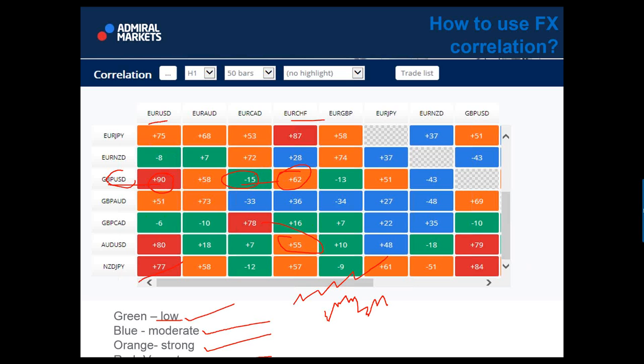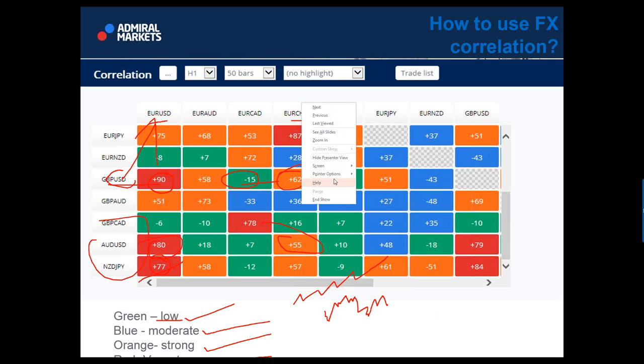GBP dollar plus 90 with Euro dollar. Now, Euro dollar has plus 80 to Australian dollar, and Euro dollar has plus 70 to New Zealand yen. How strange is that? You will basically be using one trade for 4 leverage trades. Pay attention to it. It's very important.